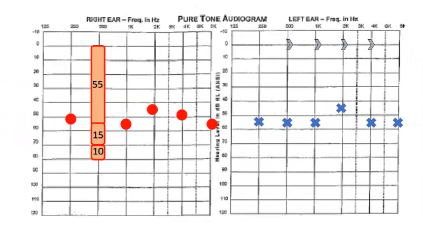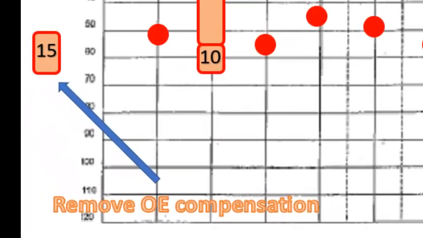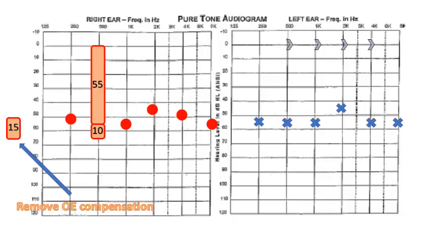Besides using well-positioned insert earphones, what else can we do to aid in this test situation? Well, it's possible we don't have to include the occlusion compensation in our initial masking level formation. If the masked ear has a conductive component present, we may exclude this value.